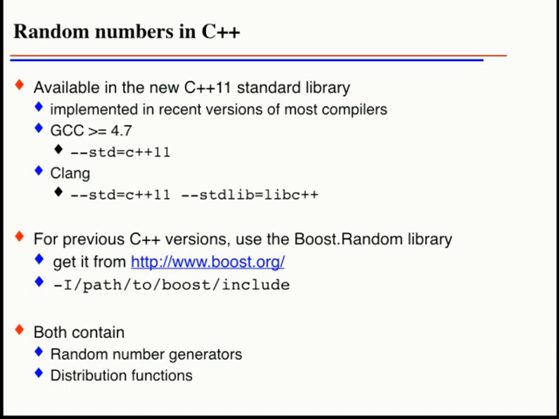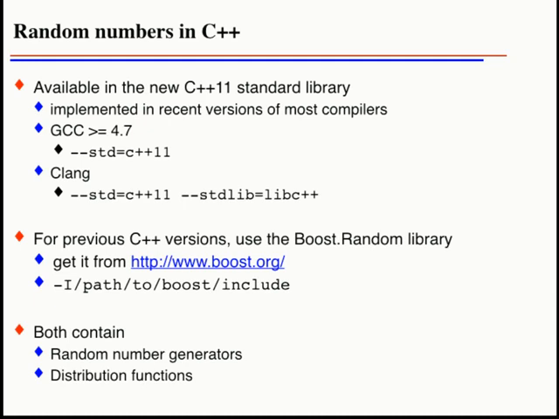Actually, the Boost random library is just a header-only library. You can just download the sources from the Boost website, and when you compile your program, you just have to put an include flag for the include of Boost. You don't have to do any kind of strange installation.